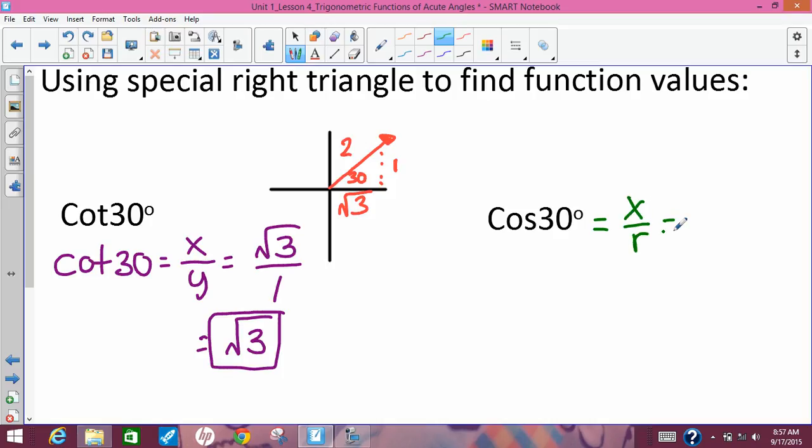X again is root 3, and r is 2. So there's our cosine. So these are called exact values because if you put these into the calculator, cotangent of 30, cosine of 30, you would get some sort of irrational number, some decimal that went on forever, never repeated, and you would probably round and get some approximate value. But in this case, we know exactly that the cosine of 30 is root 3 over 2, and the cotangent of 30 is root 3.